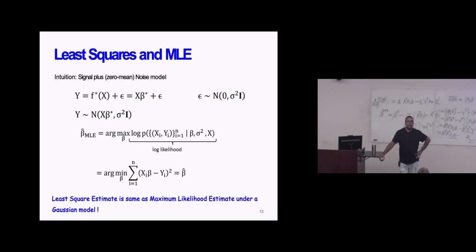Did we try to minimize or maximize? Maximize what? The likelihood, yes. So there we are maximizing likelihood, and here we are minimizing least square.